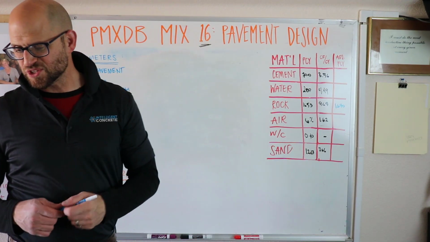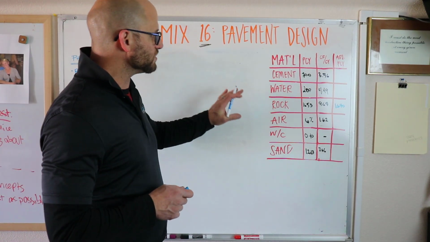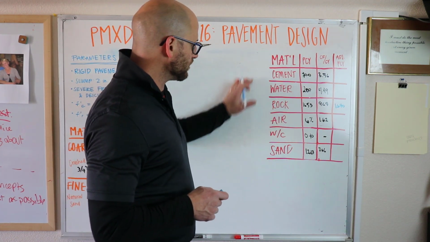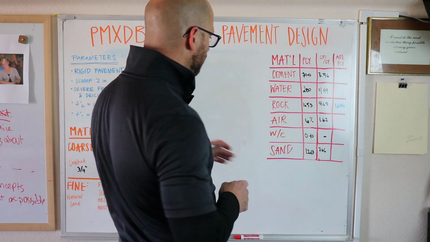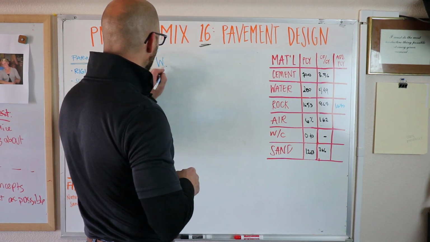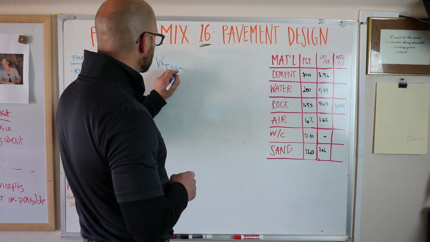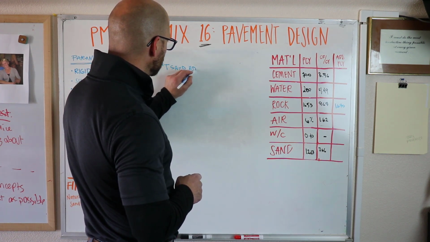We're good. So we've got our aggregate here, our sand. We need to take into account our moisture. We already did it for our rock. So let's do our weight of sand, and we'll call it adjusted.